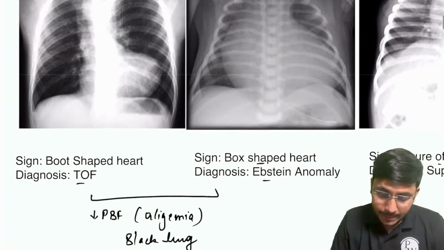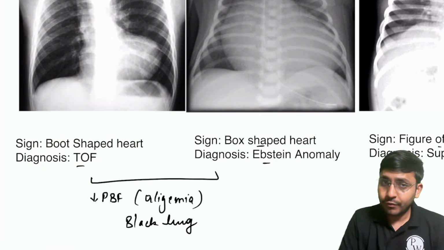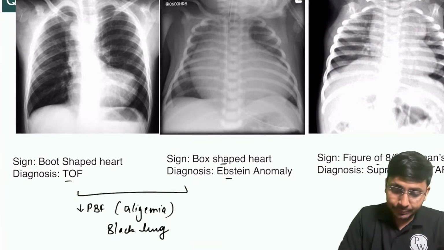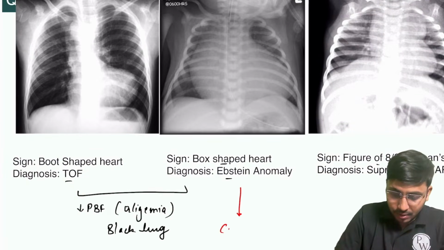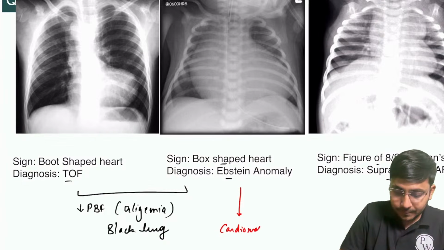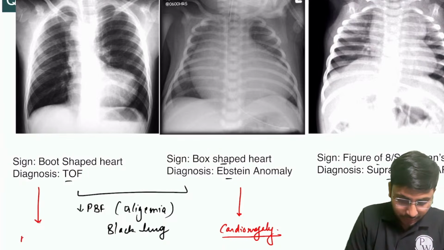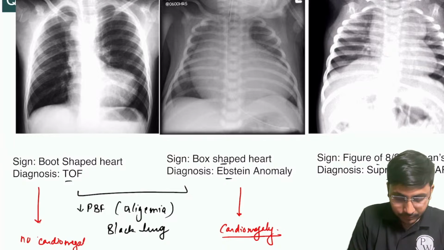Okay. Now how do we differentiate TOF versus Epstein anomaly? Both of them have reduced blood flow, but in Epstein anomaly, you have cardiomegaly. And in TOF, you have no cardiomegaly. Heart size is normal.